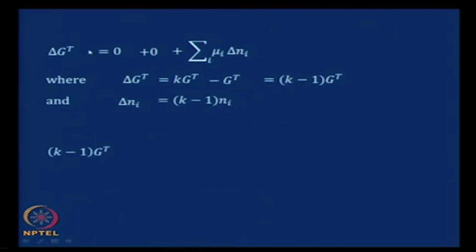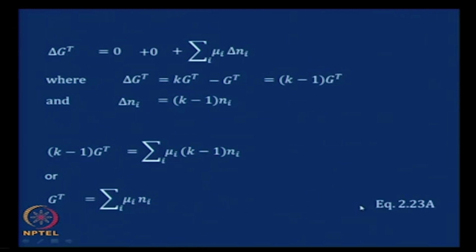Substituting these values back into the integrated expression, k minus 1 times G_t equals summation of mu_i into k minus 1 times n_i. This k minus 1 is a constant, it can be taken out and cancelled, so G_t equals summation of mu_i n_i.